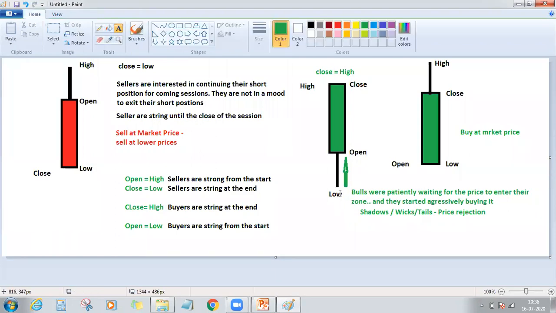So here we could see that bulls had some patience, and when the price came into their zone, immediately they started aggressively buying it. And here there was no waiting. Wherever the price has opened, they saw that price is completely cheap now, and immediately they aggressively bought it.